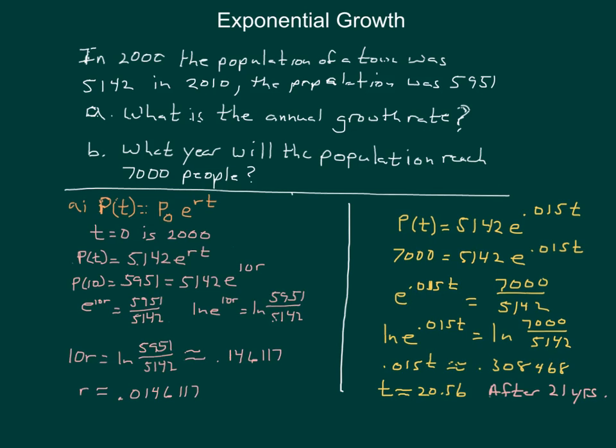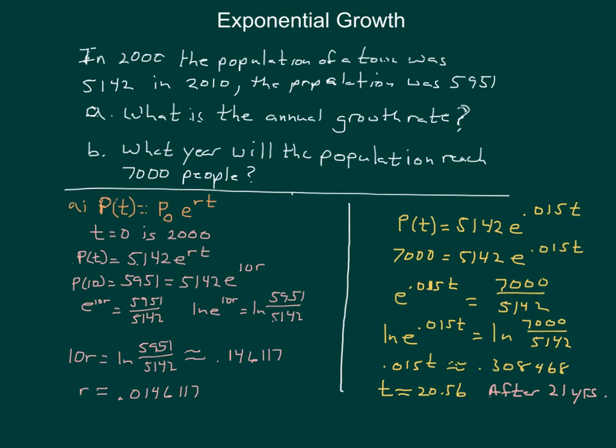Now, in this case, I know in 2000 the population was 5,142. So I'm going to set my initial population, which is in the P0 spot, at 5,142. So right now I have P of t is 5,142 e to the rt. Now what I know is in 2010 the population was 5,951.